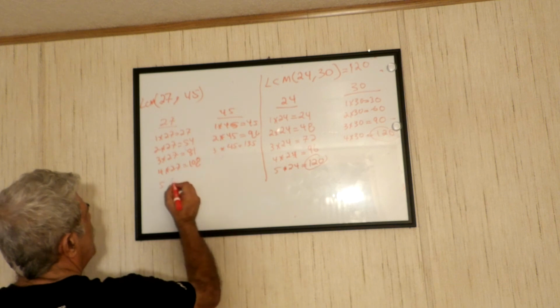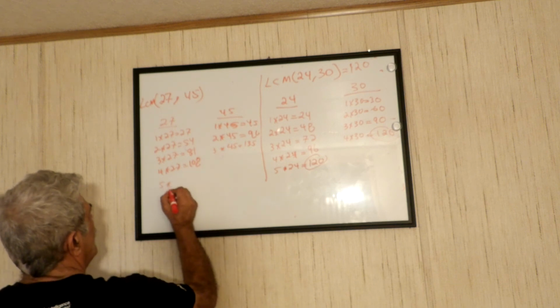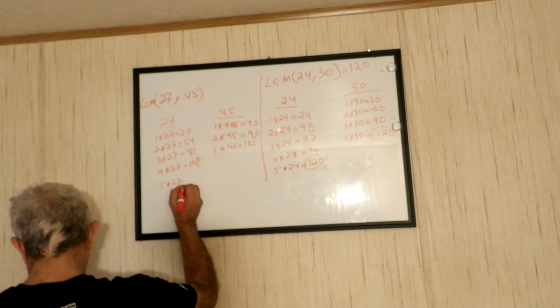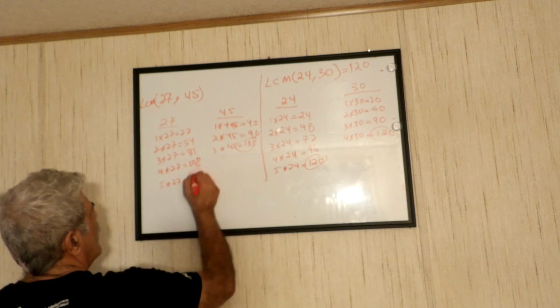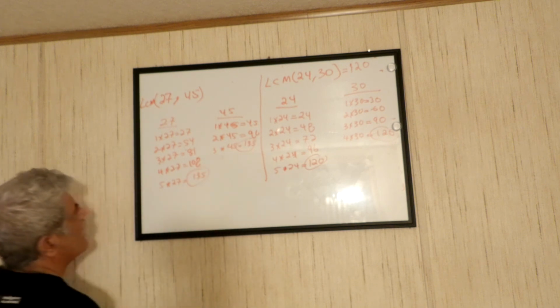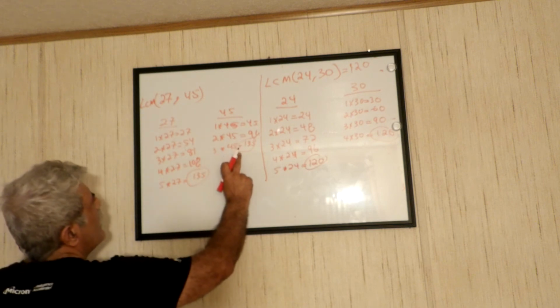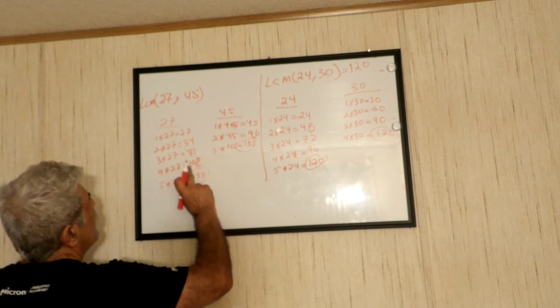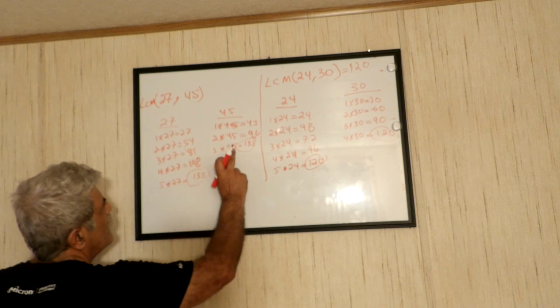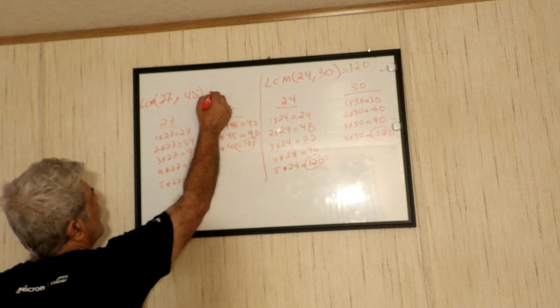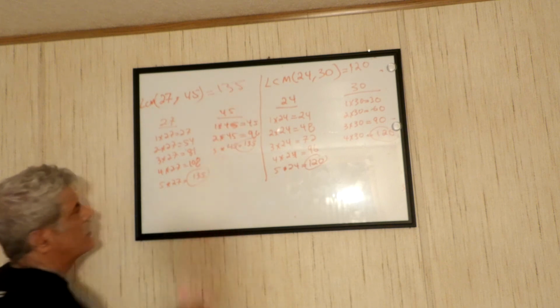See, we found it. The least common multiple of these two numbers is going to be 135.